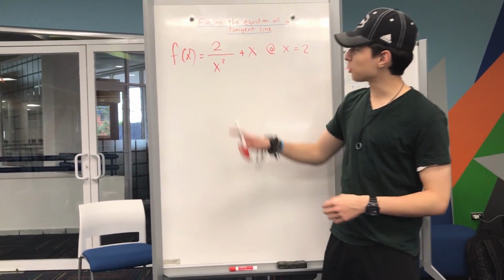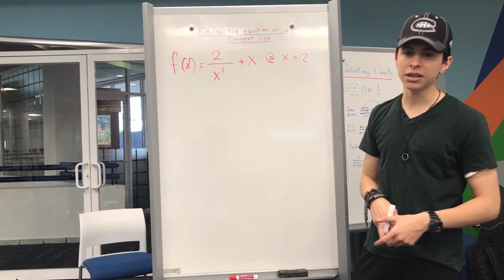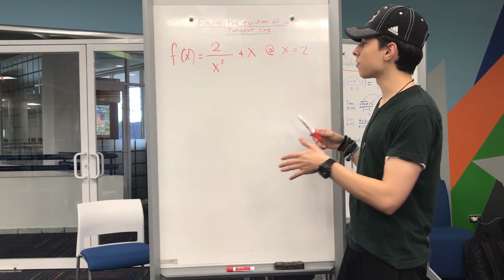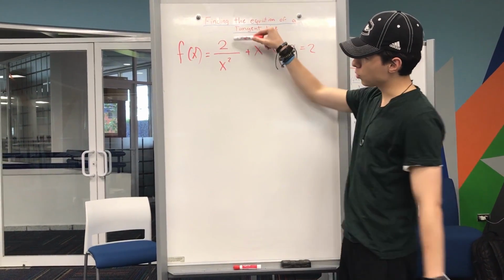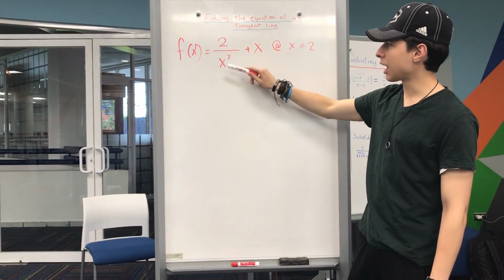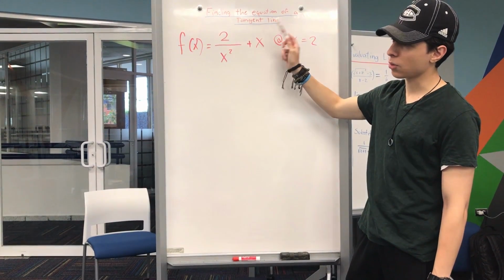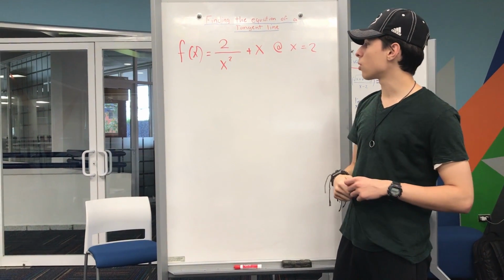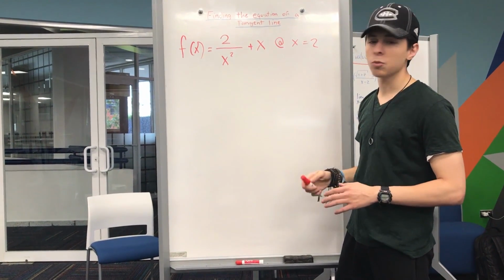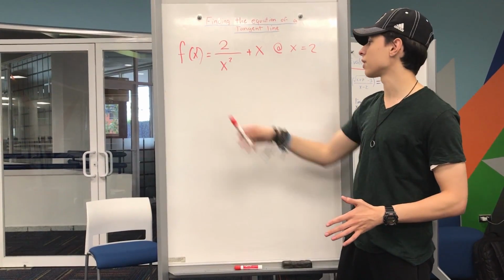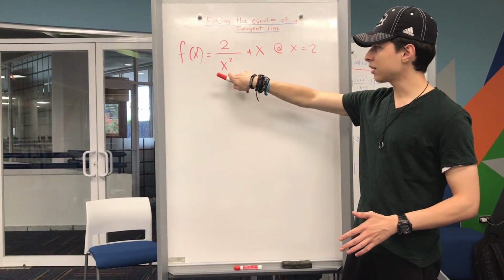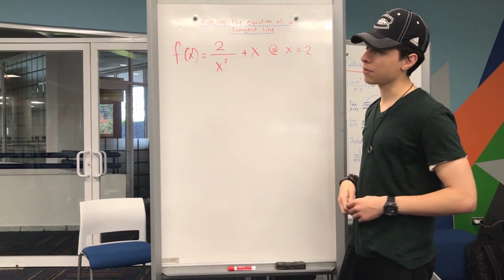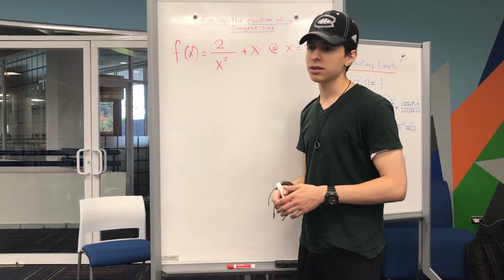So we're going to show you how to find the equation of a tangent line. For the following exercise, we're using the function f of x equals 2 over x to the power of 2, or x squared, plus x at x equals 2. And before differentiating or anything, we have to rewrite the equation, because as you can see, we have an x with an exponent in the denominator, and we can't have that while differentiating.